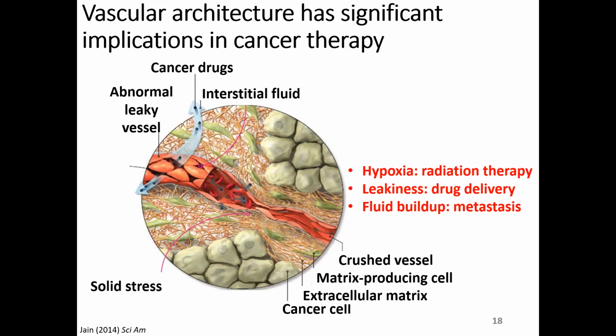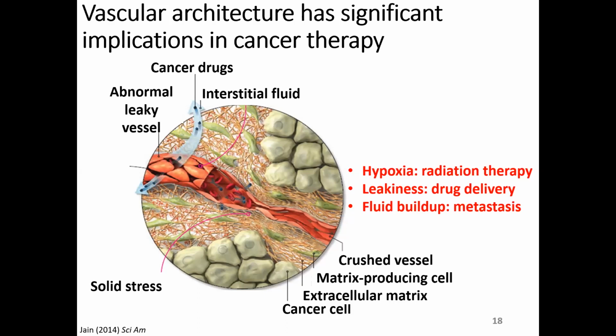And of course, another equally important parameter is that of metastasis, which, as a result of the buildup of interstitial fluid within the tumors, causes cancer cells to go into the systemic vasculature and metastasize elsewhere, and you end up with a secondary tumor, which often becomes as problematic as the primary one, if not more.